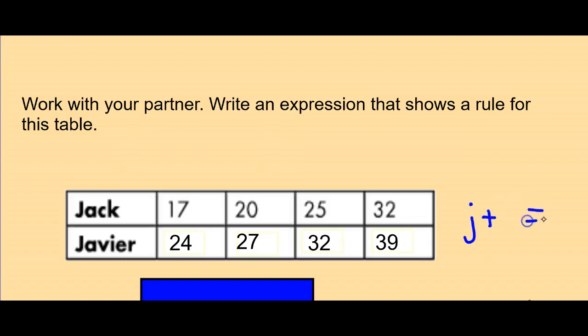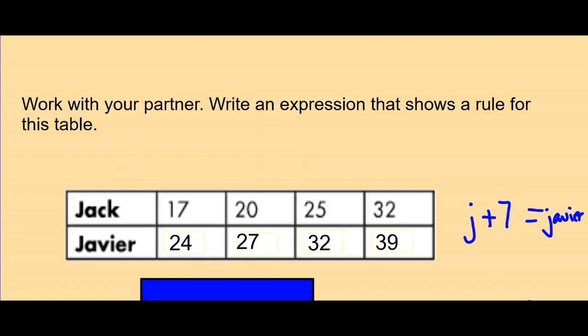So 17 plus what is 24? 20 plus what is 27? 25 plus what is 32? The answer can be found by subtracting from Javier to Jack. So 24 minus 17 is, 27 minus 20 is, 32 minus 25 is, well, all those answers equal 7.